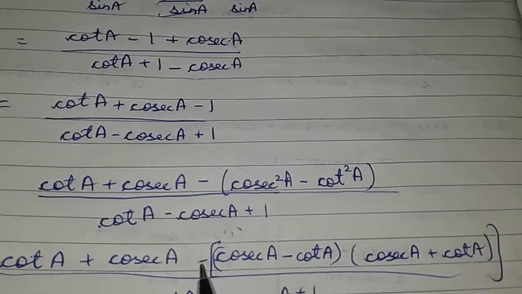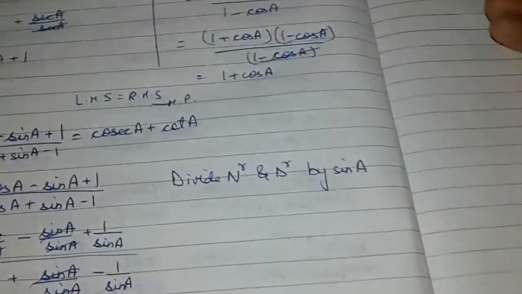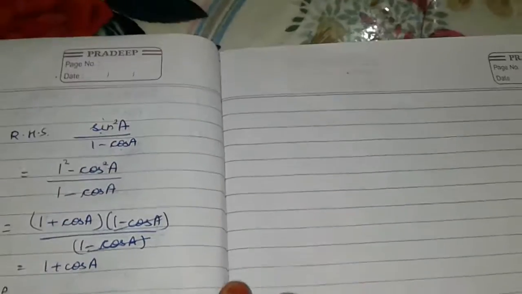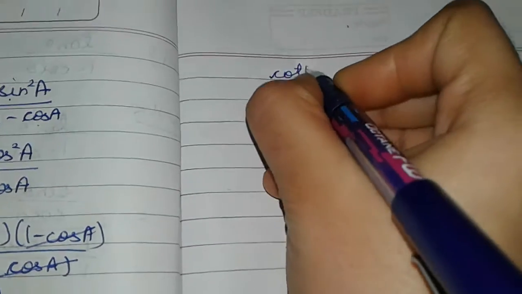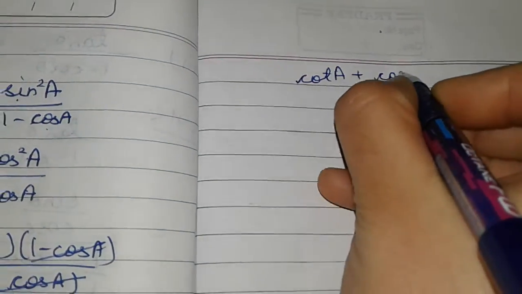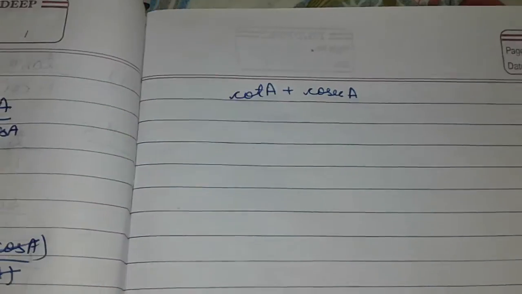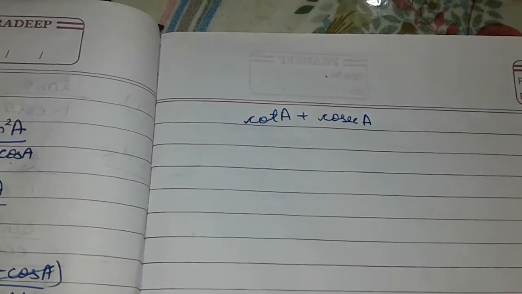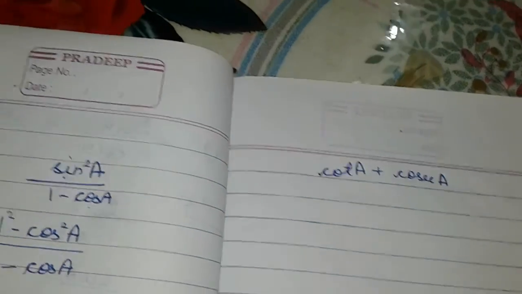Now it will become cot A plus cosec A and minus.